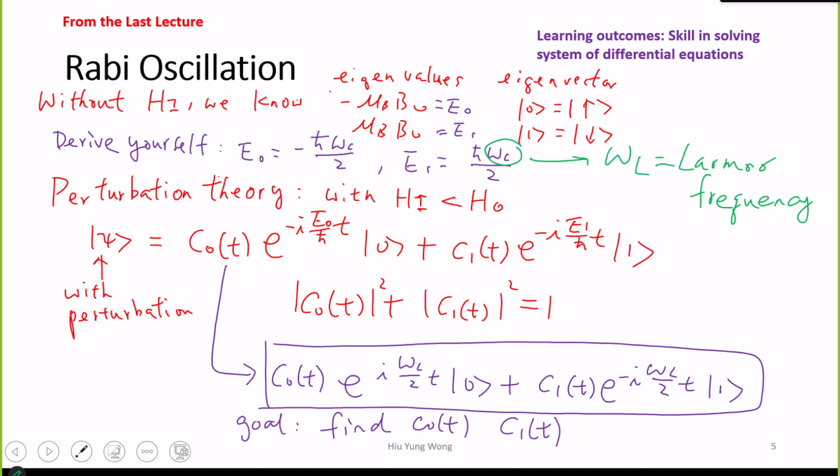Before we apply the magnetic field, spin up and spin down have the same energy. They are so-called degenerate: same energy, different state. When we apply the magnetic field, spin up has a lower energy and spin down has a higher energy. They get split, and the splitting is what is called Zeeman splitting.